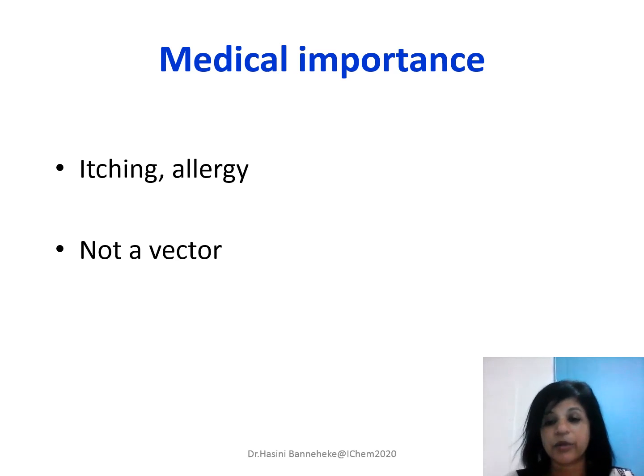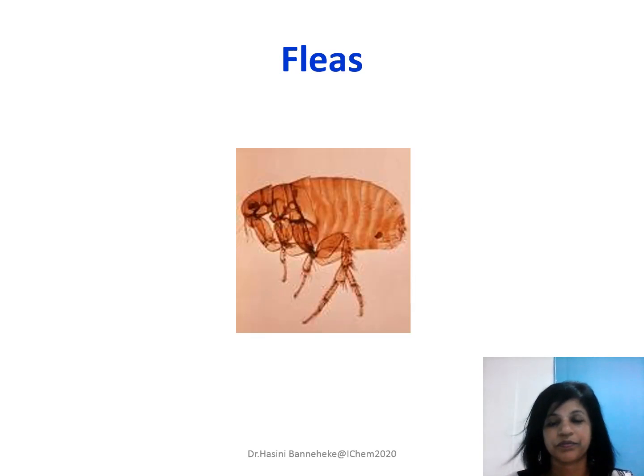It is in the groin area, in the hair of the groin area, but it does not transmit diseases. Now among the three lice, it's only the body louse which transmits diseases. The head louse and the pubic louse both do not cause diseases in humans. They are not transmitting any diseases, but they cause itching and allergy and a bit of nuisance to the host. So then let's move on to another vector, which is called fleas.